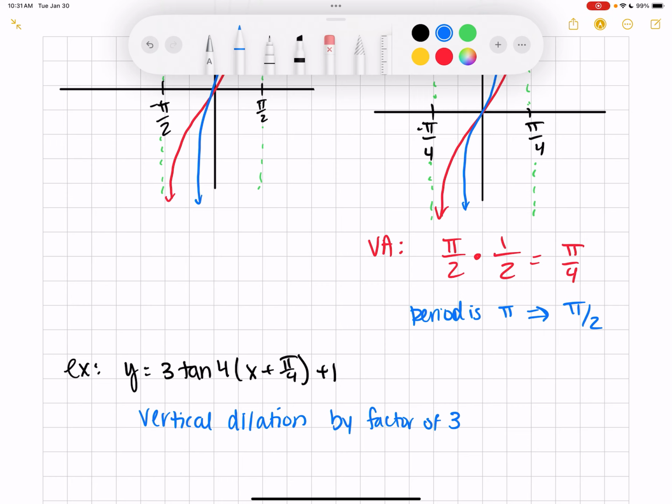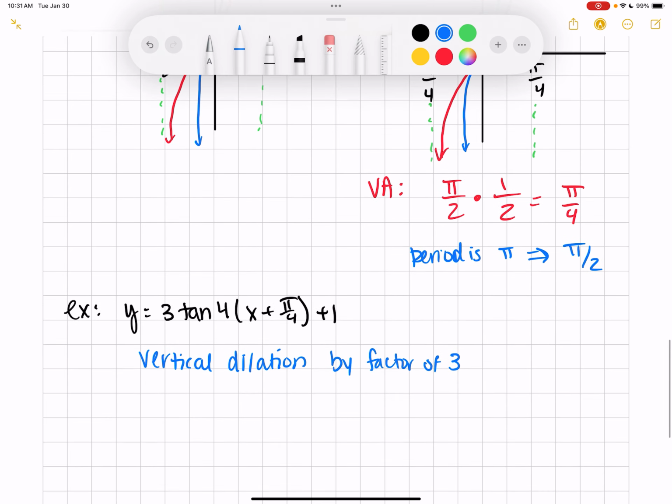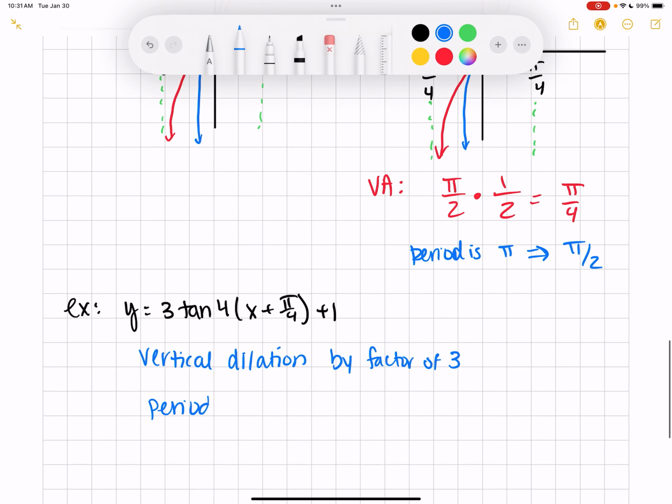So the period of a tangent function is pi over b. So the period is going to be pi over 4. What else is happening to this? Up 1. What else? Left pi over 4.